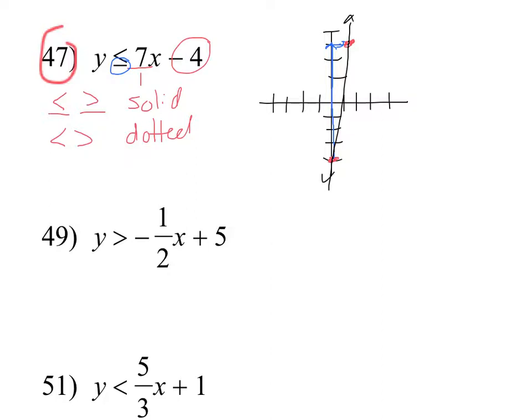The last part is shading. Notice that I have the left side and the right side of my line that I drew, and we have to decide which one to shade. There's two ways to do this. The simplest way is to describe it this way. The y-axis is your vertical, and your x-axis is the horizontal.